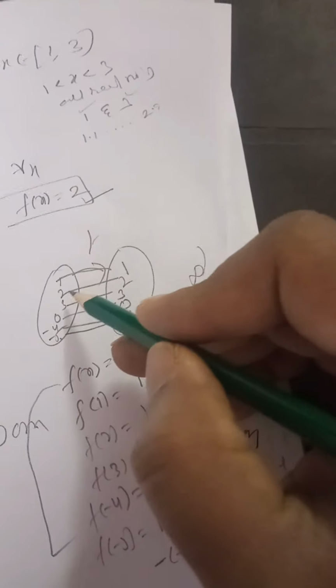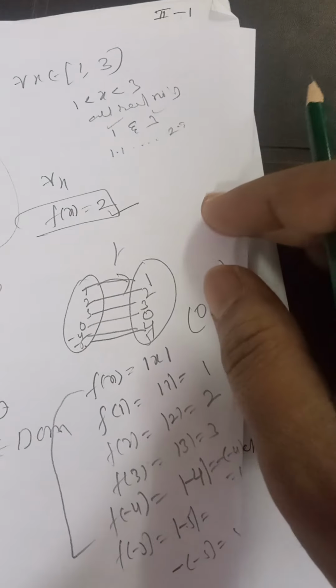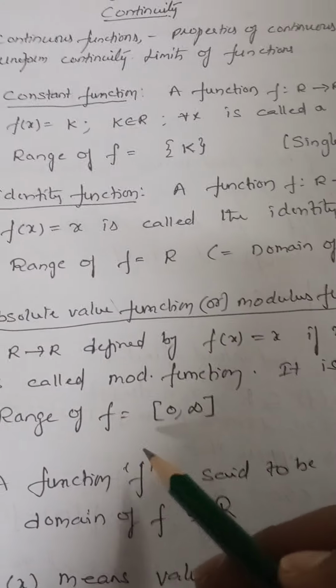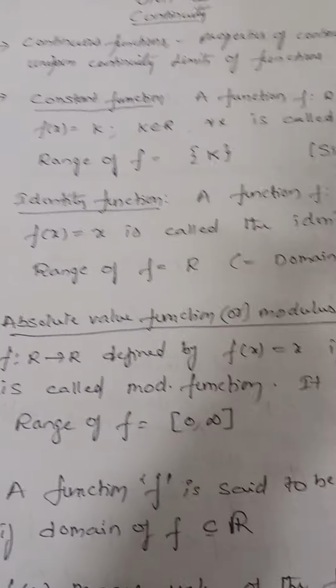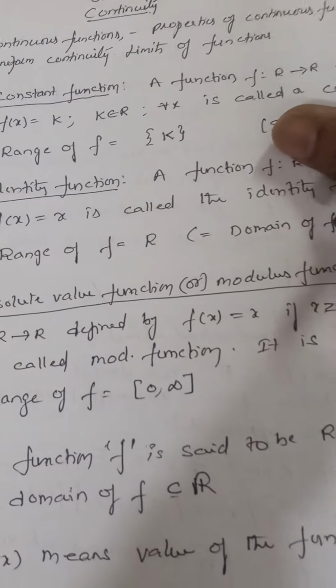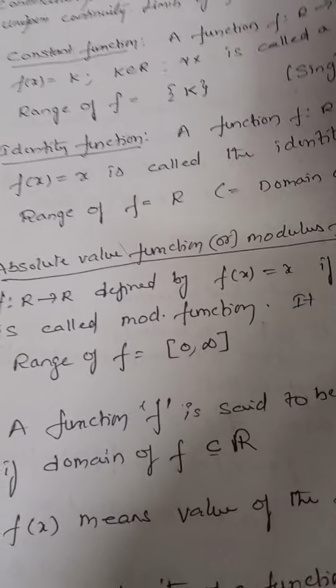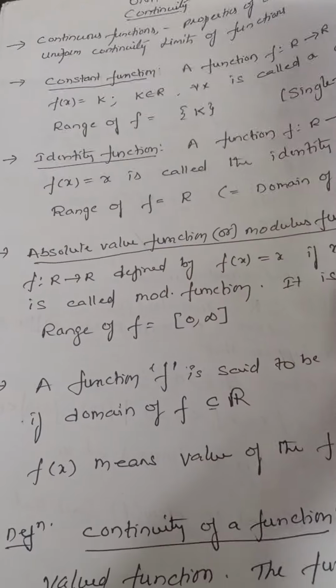If the domain contains negative values, then its range is always positive values, right? Therefore range of a mod function is nothing but 0 to infinity. This is the range of a function, whatever the domain may be. For any domain, range of f is equal to 0 to infinity in the case of mod function or absolute function.